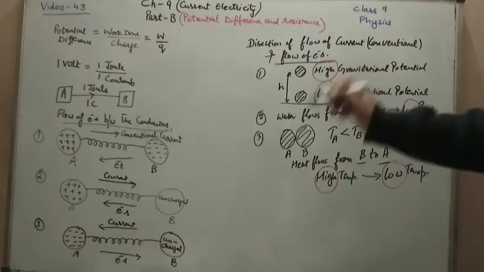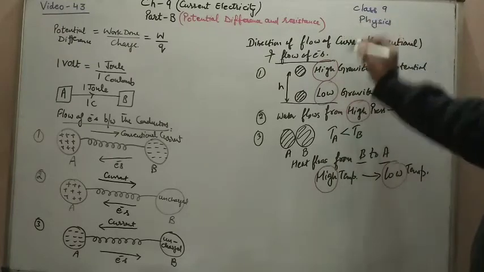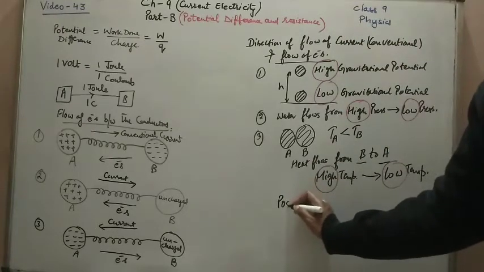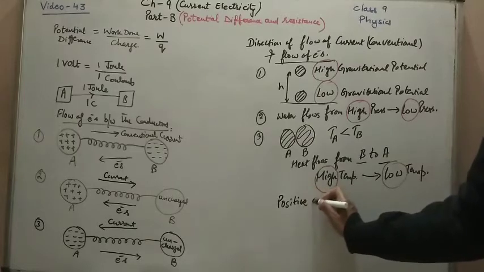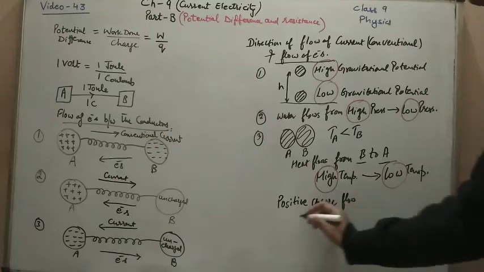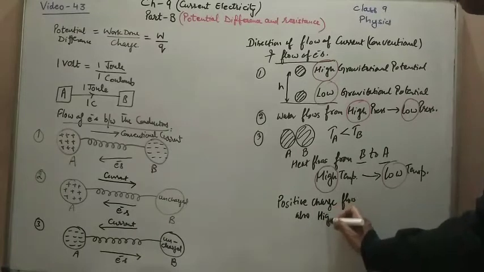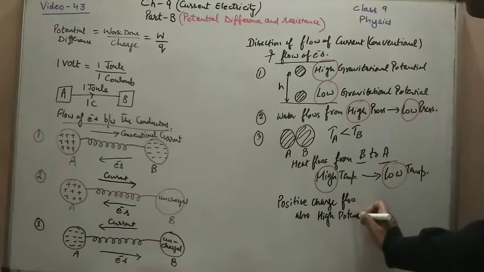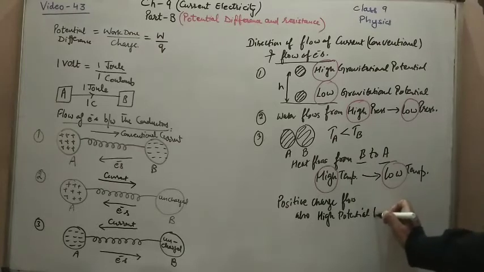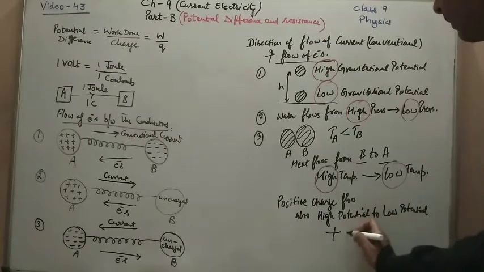It means, just to bring uniformity in all the rules, positive charge flow is also assumed to move from high potential to low potential, meaning from the positively charged body towards the negatively charged body.